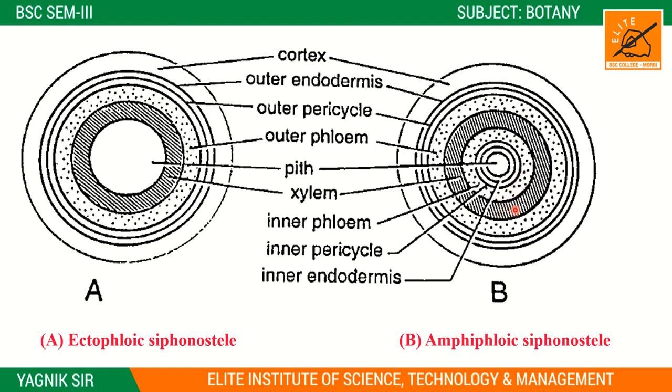And then the xylem ring is observed, and outside these xylem rings there are an outer phloem, outer pericycle and outer endodermis. So here the xylem has one ring, but the phloem, pericycle and endodermis form two rings, right? So these are the main differences between the amphiphloic siphonostele and ectophloic siphonostele, right?